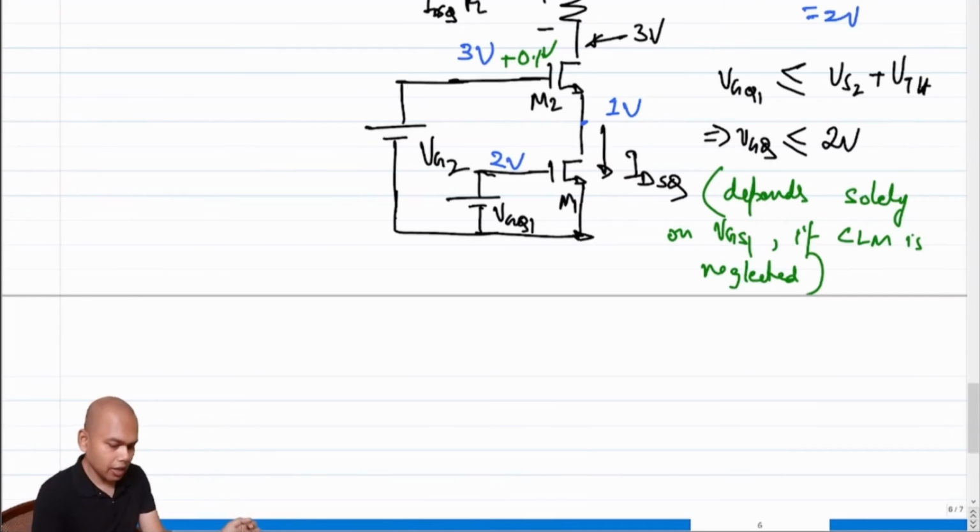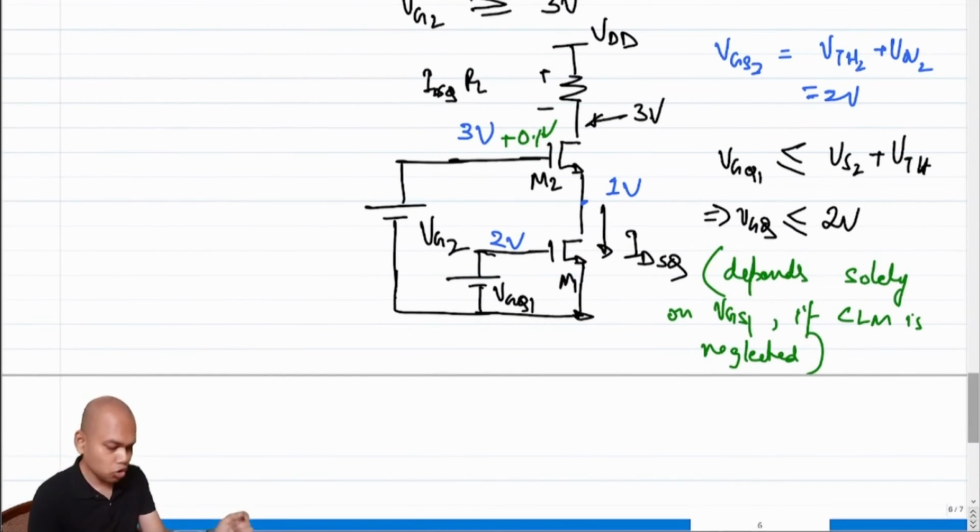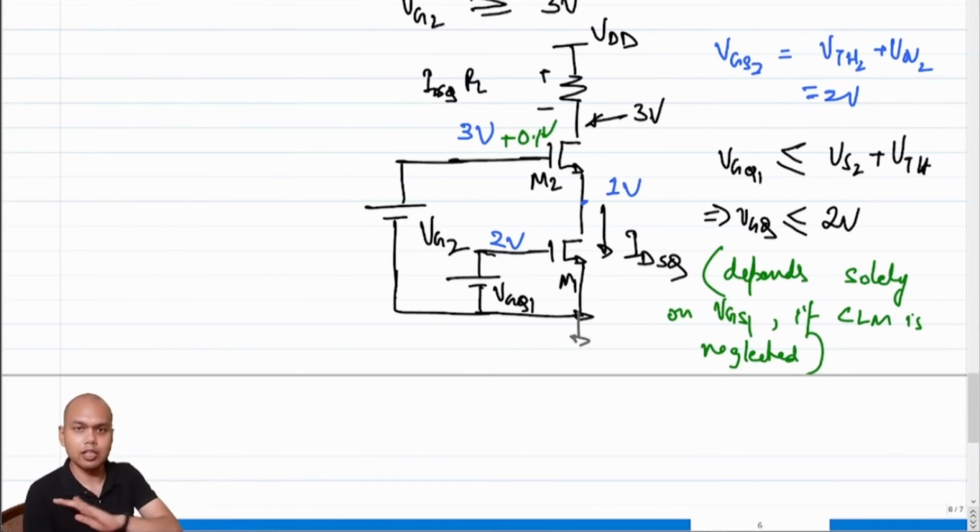So the current IDSQ solely depends on the VGS of M1. Why? Because the source of M1 is grounded, you cannot change the source voltage, but the gate of M1 is dependent on you. You are driving the gate, right? So essentially IDSQ is only dependent on the VGS of M1, which means for M2, M1 behaves like an ideal current source.